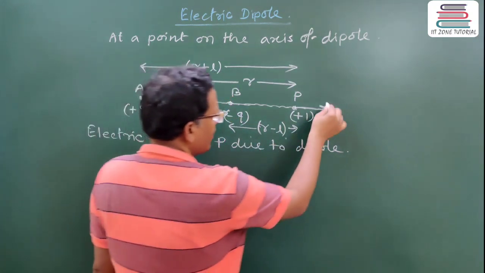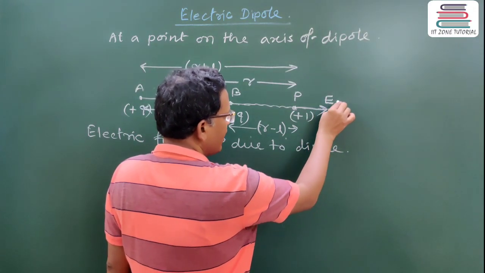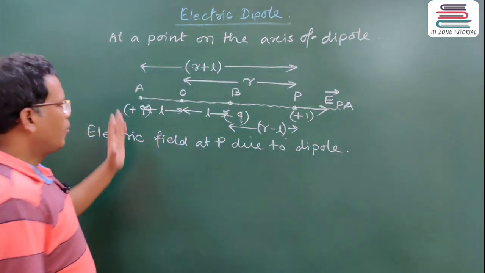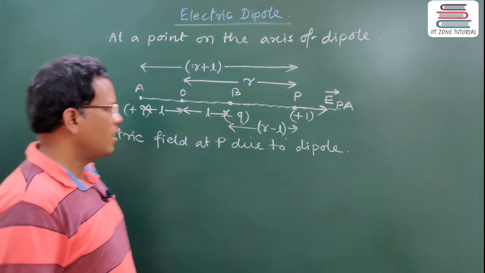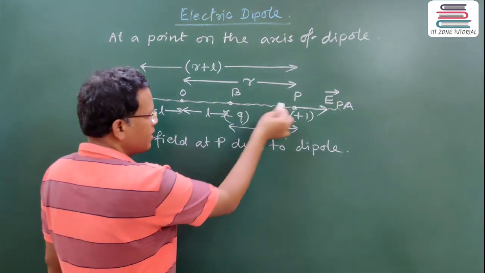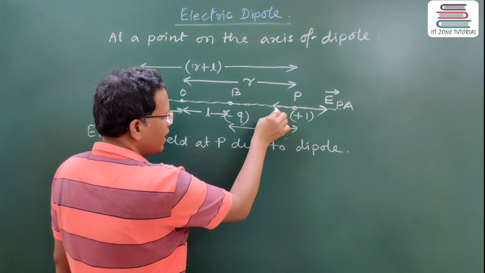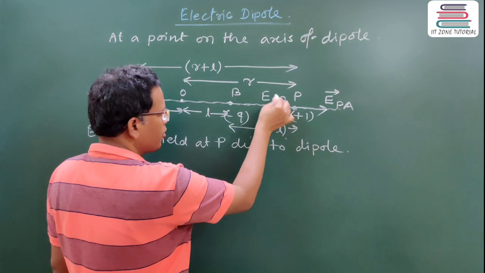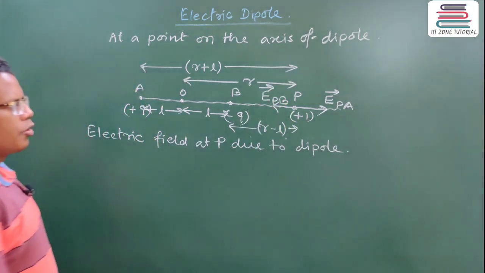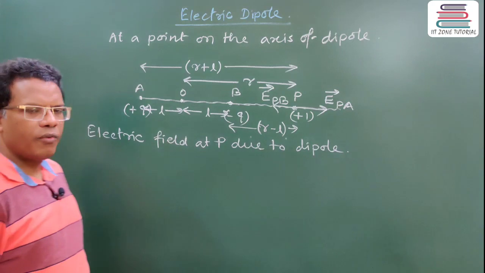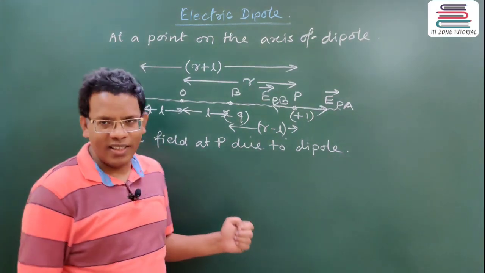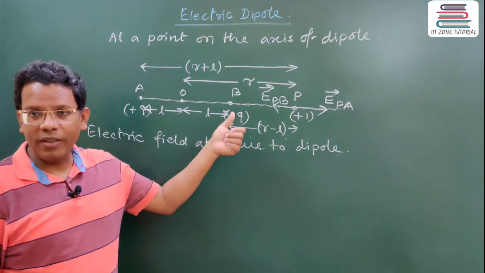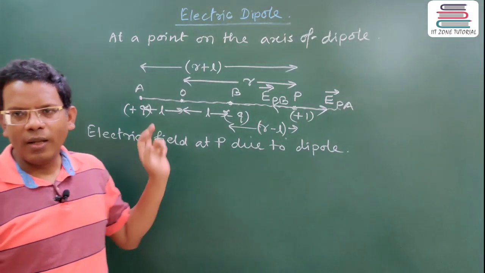So I can write this is the electric field at P due to the charge at A, right? Positive charge will repel the plus 1 charge. On the other hand, the negative charge will attract the plus 1 test charge, and that can be written as the electric field at P due to the charge at B, right? So this is the way we can define the possible forces that can be experienced by the plus 1 test charge at the required point due to the given charges of the dipole placed at A and B.